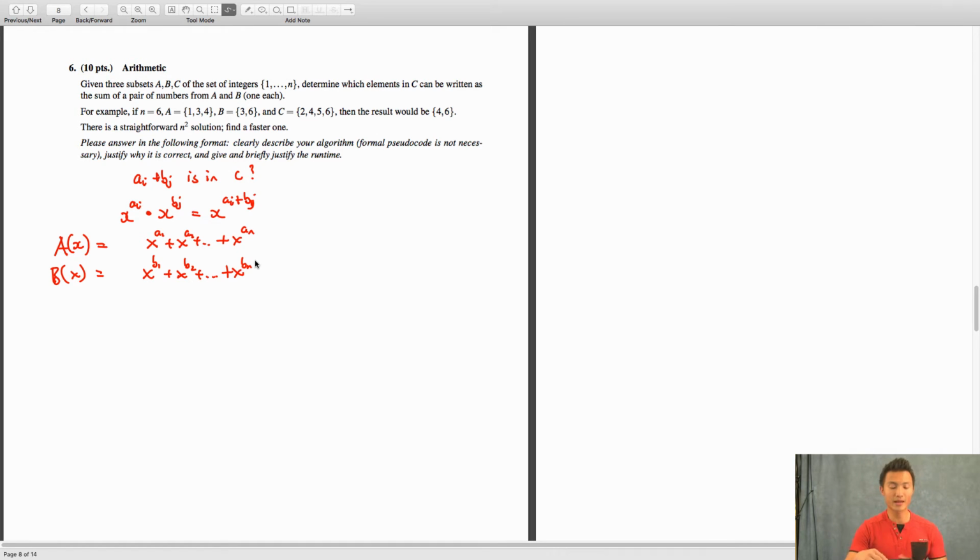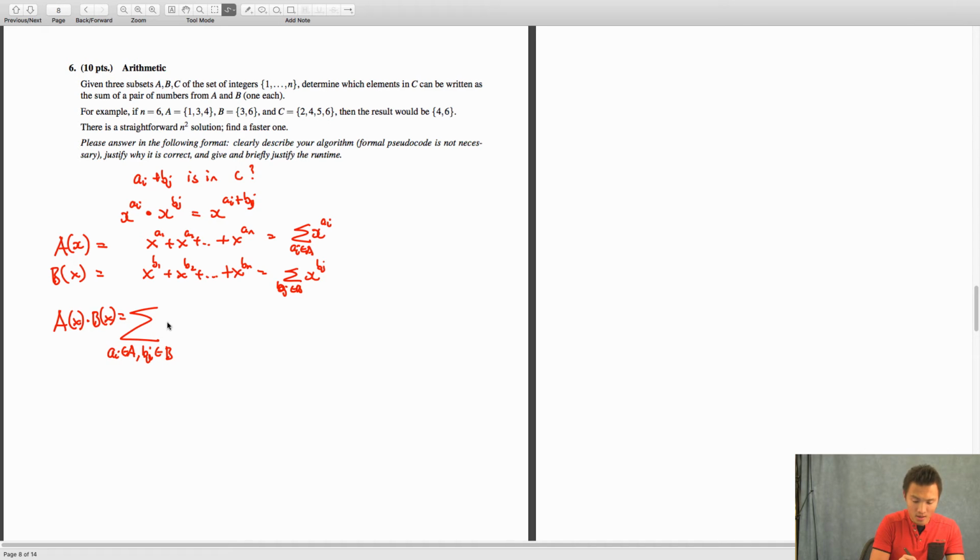Now, if I multiply a of x times b of x, sorry, not very creative, but it's fine, what I'm going to get is a summation over x to the a i for a i in A, times a summation over x to the b j for b j in B. This gives me a summation over a i in A, b j in B of x to the a i plus b j.